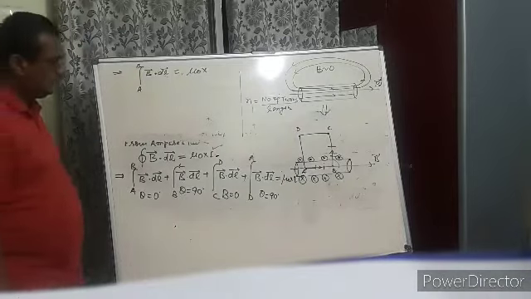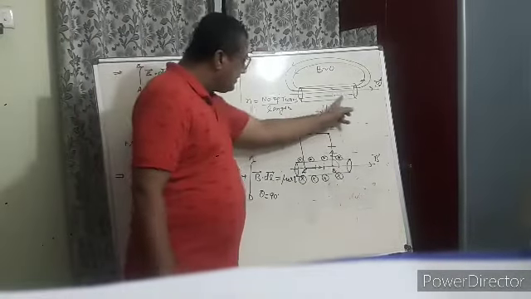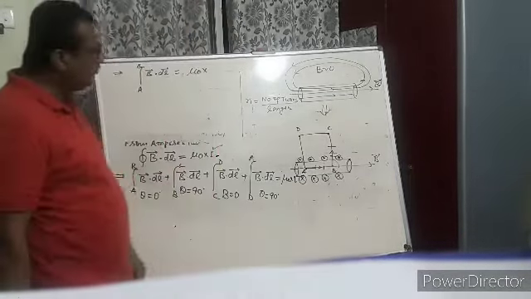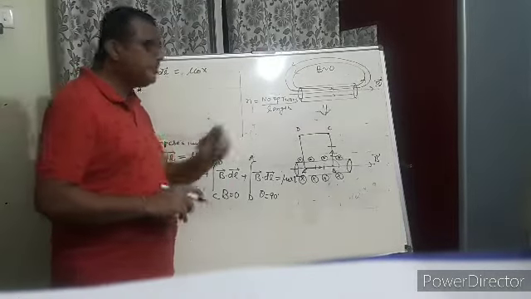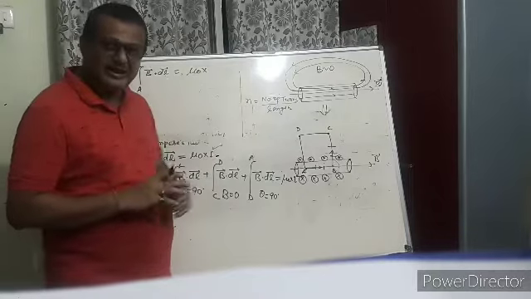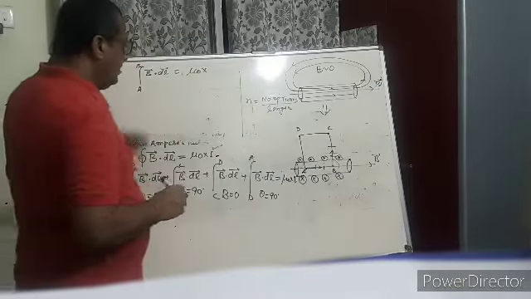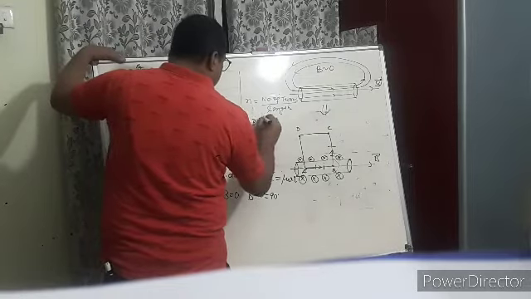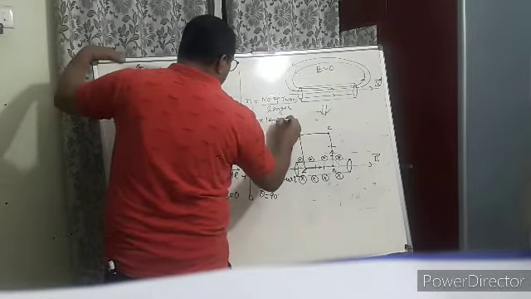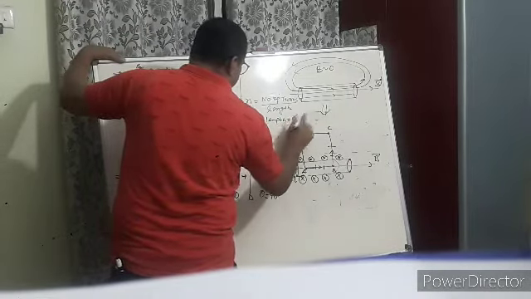When turns increase, length will increase. So we suppose in unit length how many turns there are, that is called n. Now length we have supposed here, so n into length will be equal to the number of turns.